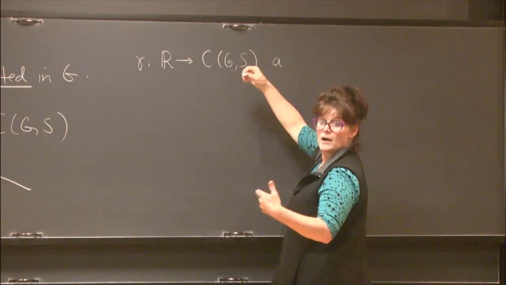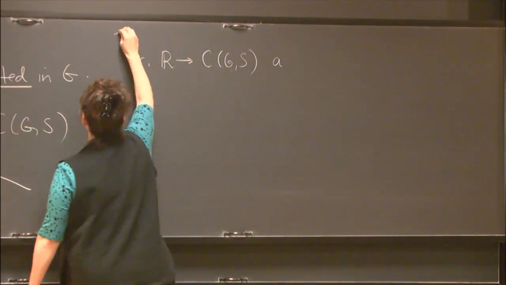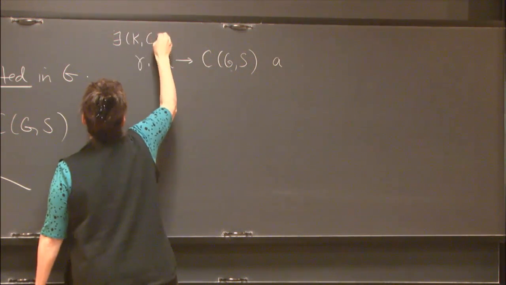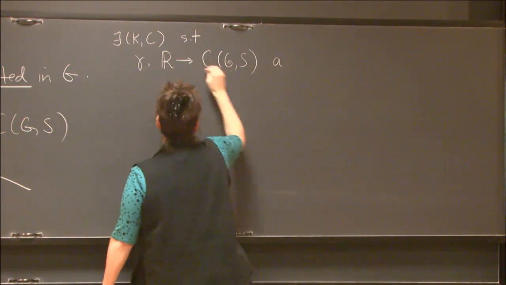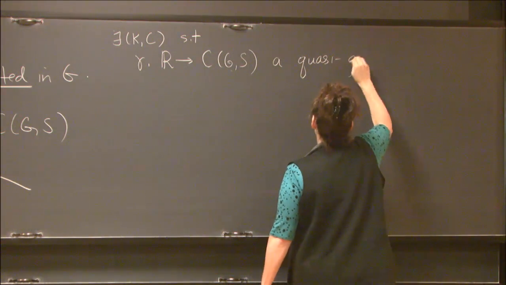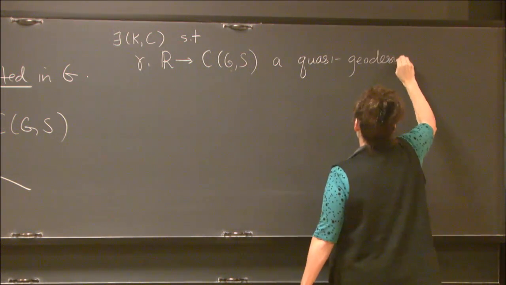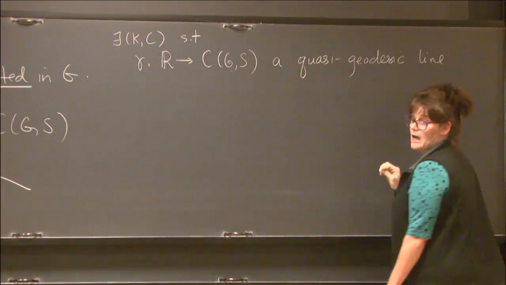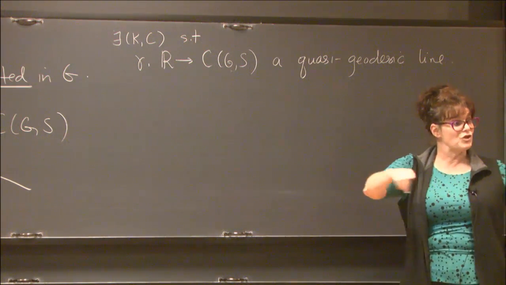So there exists a pair of constants, K and C, such that this is a quasi-geodesic, and I'll just call it a quasi-geodesic line. So it's not an actual geodesic line.